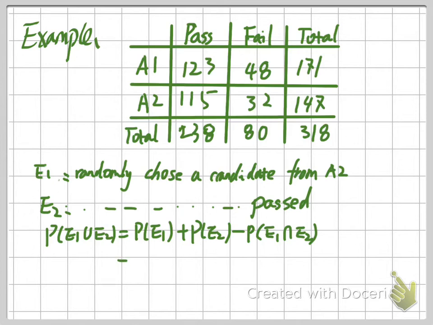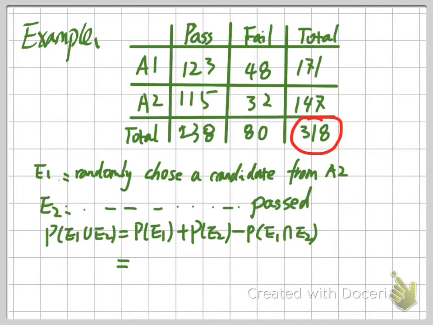So what is E1? E1 is we randomly choose a candidate and it's from those who take the second exam. How many candidates in total do we have? The total number is 318. And how many people take exam A2?